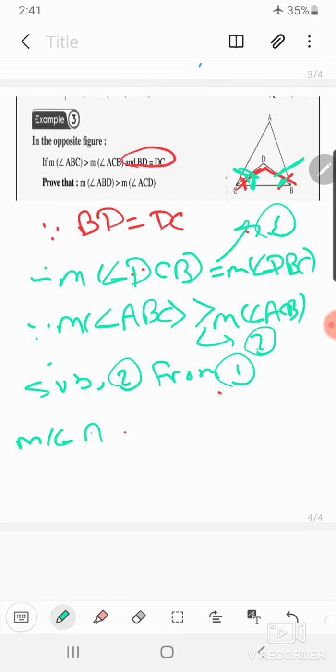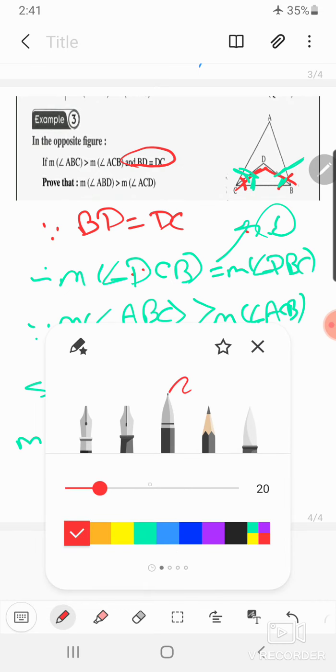First of all, measure angle ABC, I will write it, then subtract the other one, measure angle ACB. What is the meaning of subtract? Just minus.